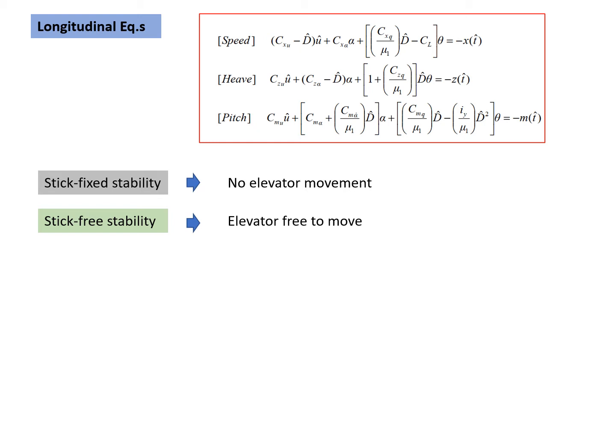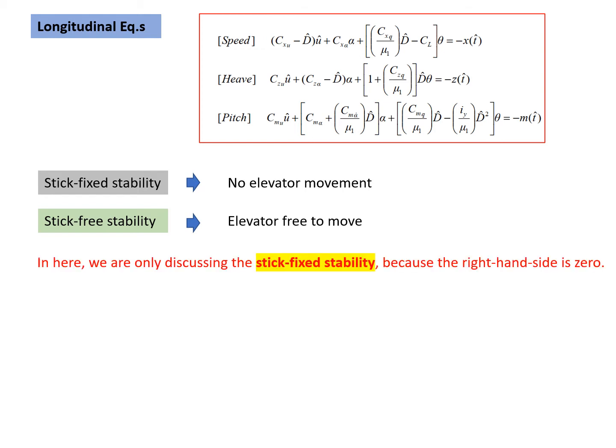But for stick-free stability, the elevator is free to move. In this case, the right hand side of the equations is 0. Here we are only discussing the stick-fixed stability, because this makes the right hand side zero, and it's easier for us to do the analysis.